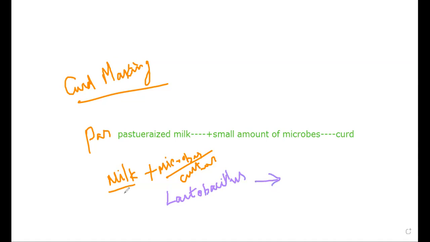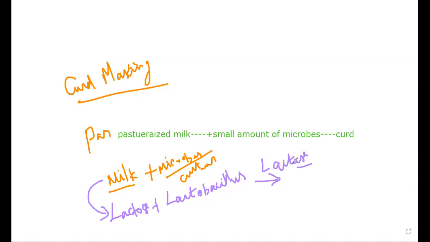Milk contains what? Sugar, which is nothing but lactose. The lactose is the milk sugar, isn't it? The lactose is a substrate. The lactobacillus is the microorganism that produces the enzyme called lactase.